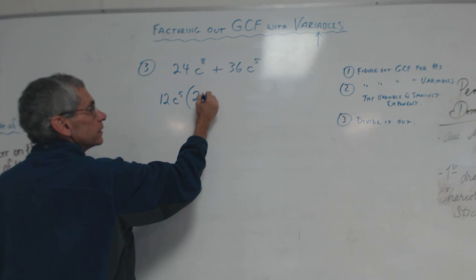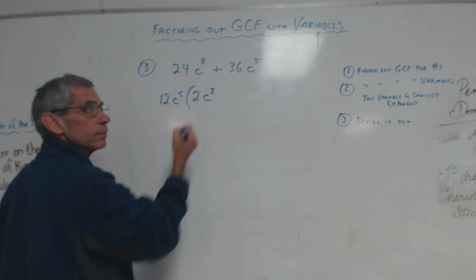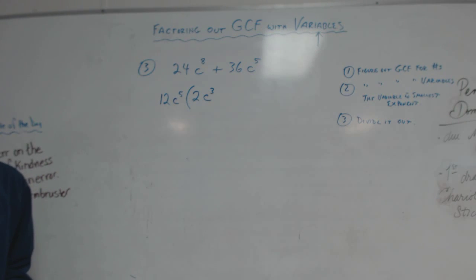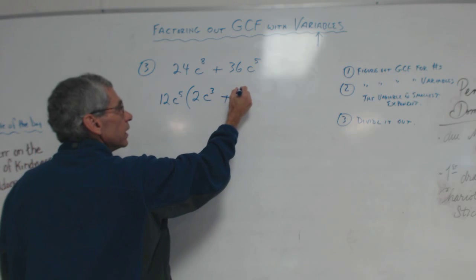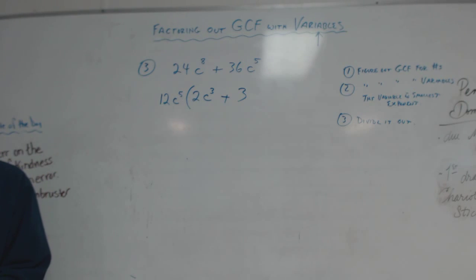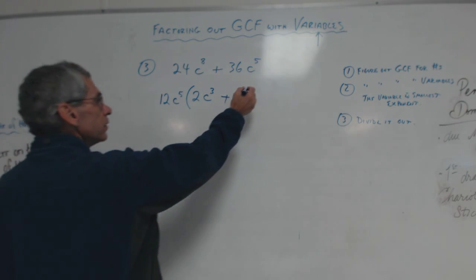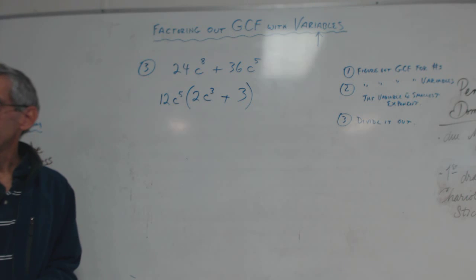All I do is put my c and I subtract 8 minus 5, which is 3. See how easy that is? And then plus 36 divided by 12 is 3. The c to the 5th, c to the 5th cancel out. There's my answer. They're pretty easy. Right? Make sense?